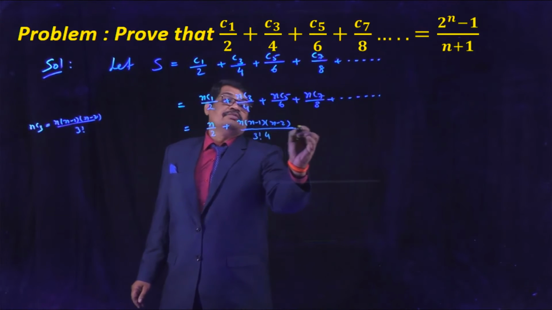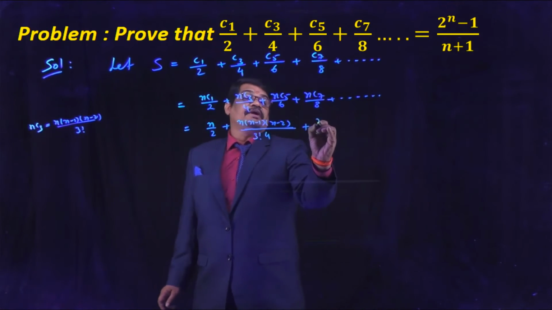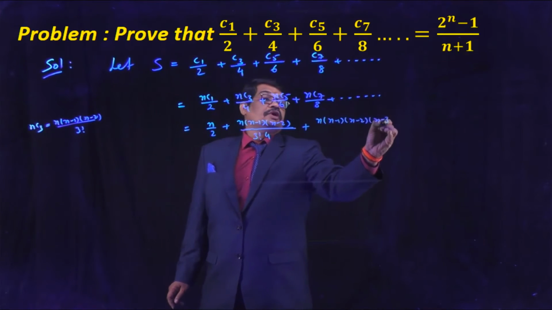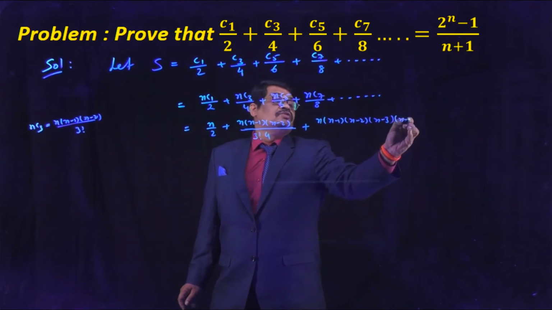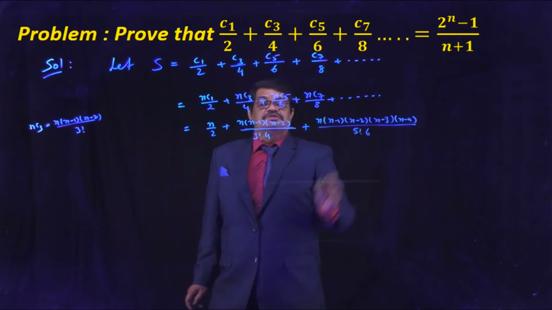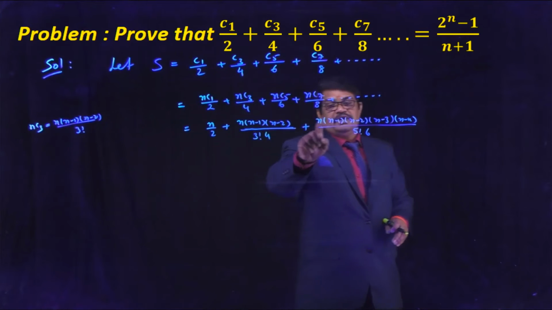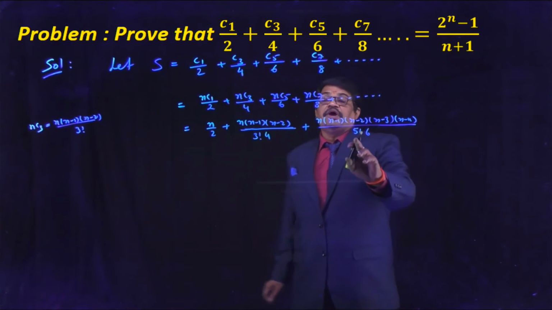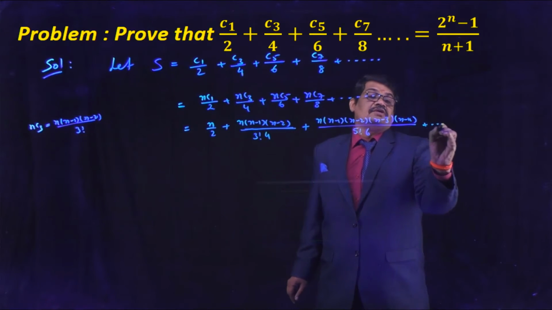Next, nC5 can be written as n into n minus 1, n minus 2, n minus 3, n minus 4 by 5 factorial into 6. In the numerator there are 5 terms, and 5 factorial is in the denominator.